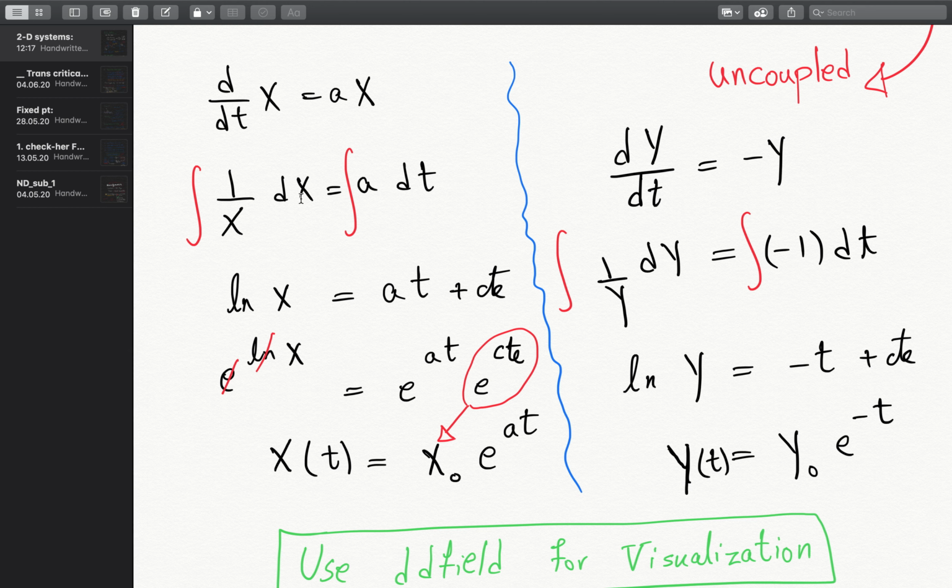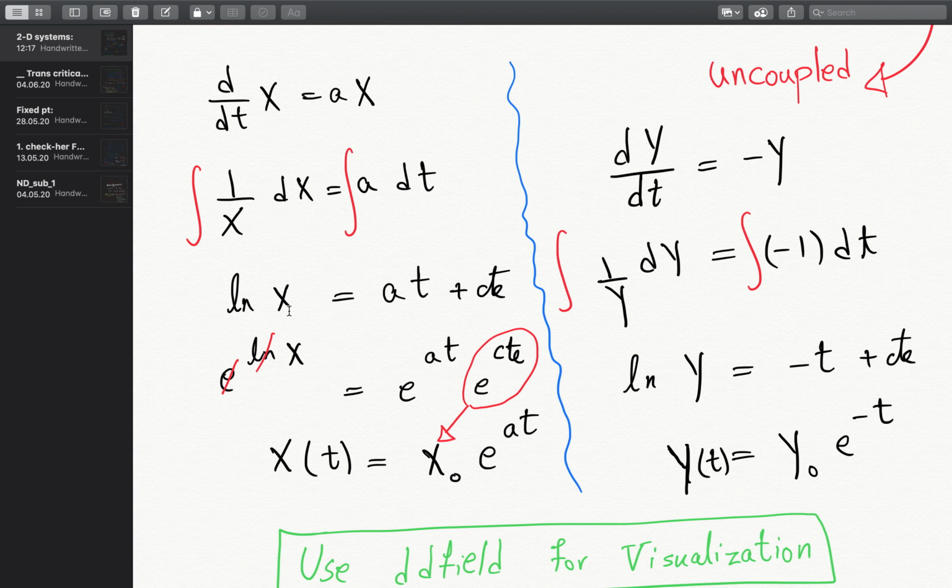So after that I can take these antiderivatives, and the antiderivative of 1 over x dx is ln of x, and at, because a is, as I said, a constant, it does not depend on t, plus just a constant which we always have in our integrals.